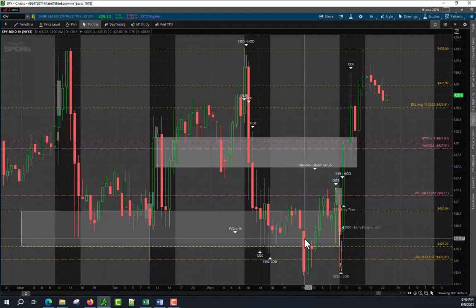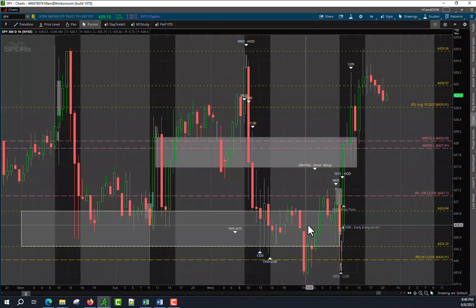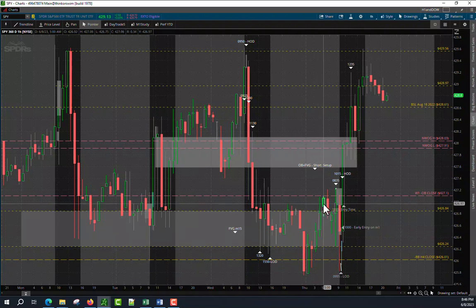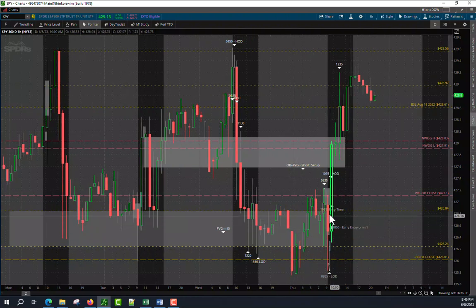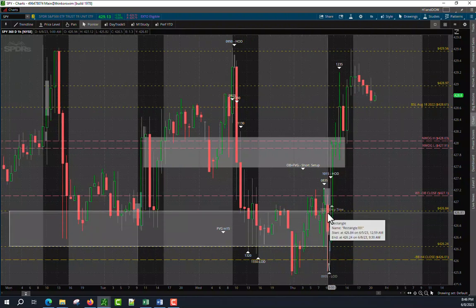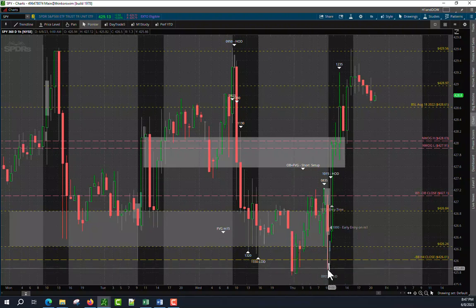Well, because if you look right here, you can see that it takes the sell side liquidity for the last 2 days with this bullish order block, and as soon as it goes up, it has a fair value gap on top of that, right? And then it goes down to retest that order block right there.